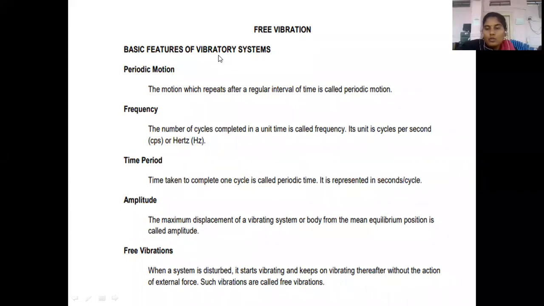So periodic motion, what is this periodic motion? The motion which repeats after a regular interval of time is called a periodic motion. What is meant by the periodic motion? The motion which repeats after a regular interval of time is called periodic motion.